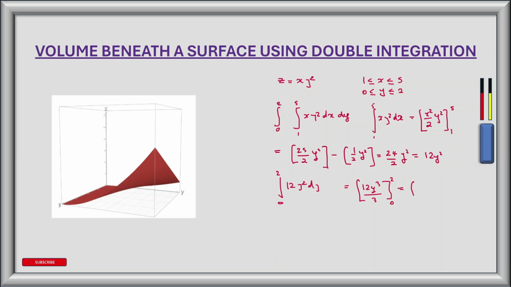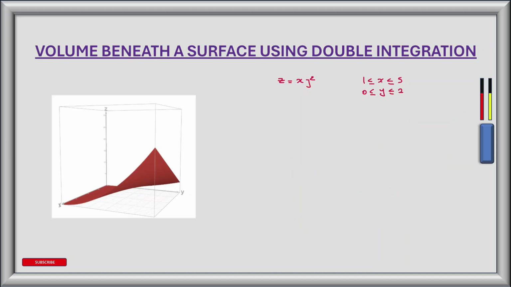So this is 4y cubed from 0 to 2. So if we plug these values in, we put 2 in, we get 4 times 2 cubed, which is 8. And if we put the 0 value in, we just get 0. So this gives us a value of 32, which is our volume under the curved surface between the values of x is 1 and x is 5 and y is 0 and y is 2.